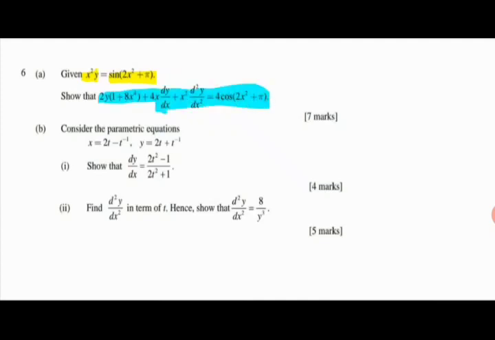Okay, so now we are going to solve 6a first. For question A, I'm going to start with the original equation, which is x square y sama dengan sin 2x square tambah dengan pi. Yang sebelah sini kita akan differentiate menggunakan product rule.